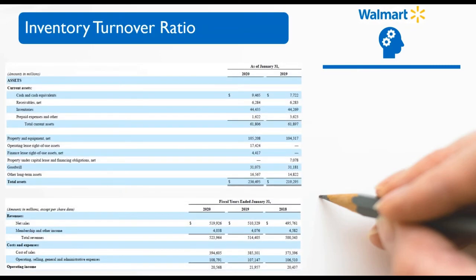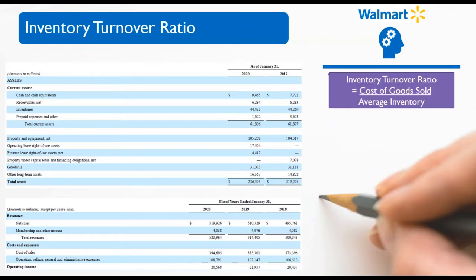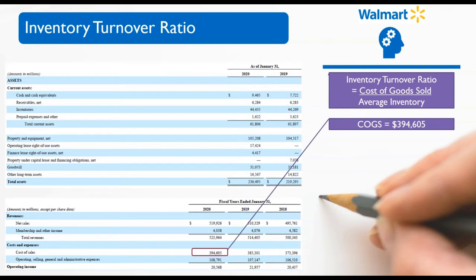Now on this slide, we will calculate the inventory turnover ratio for Walmart. We'll use the same formula, and now we'll start with the cost of goods sold. Here, we can see cost of sales for Walmart was $394.6 billion for fiscal 2020.